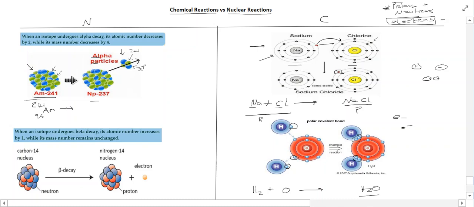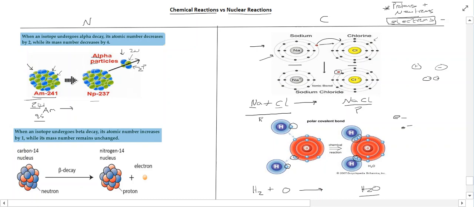So the number representing protons is going to reduce by 2, and the number representing protons and neutrons is going to reduce by 4, because we have 1, 2, 3, 4 subatomic particles in the nucleus that are all of a sudden jettisoned off.